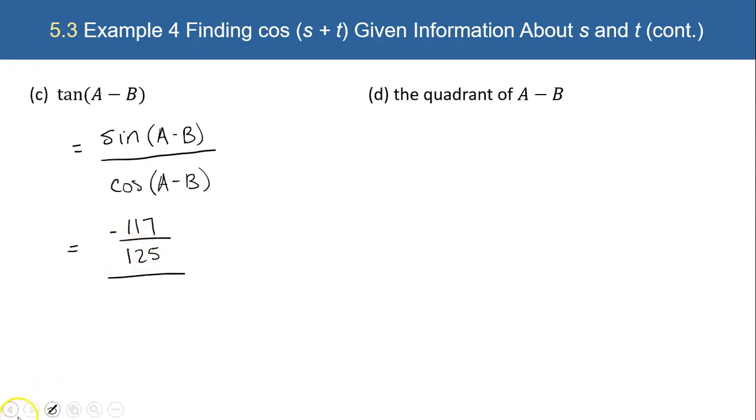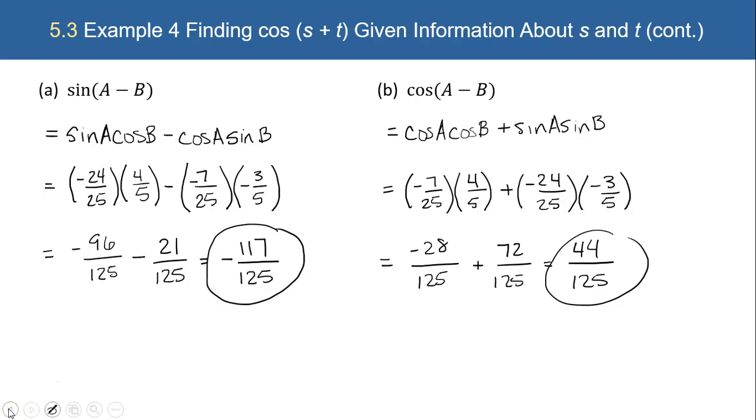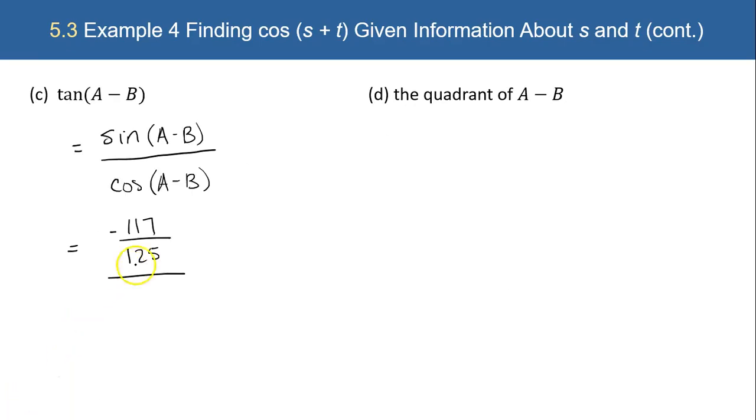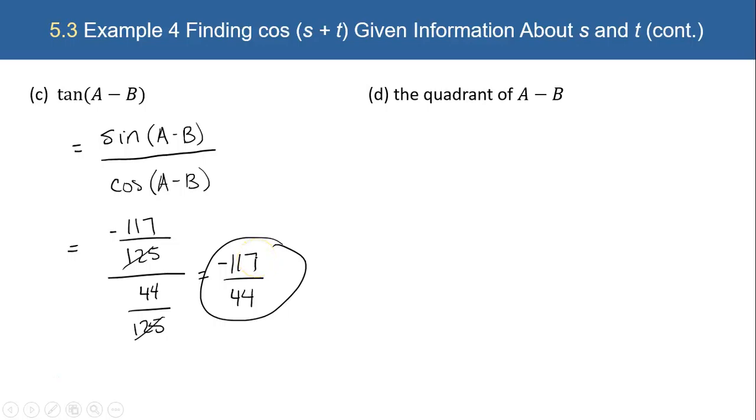And then cosine of A minus B is 44 over 125. All right, when you multiply by the reciprocal, these values are going to cancel, and we get negative 117 over 44. And we're done finding tangent of A minus B.